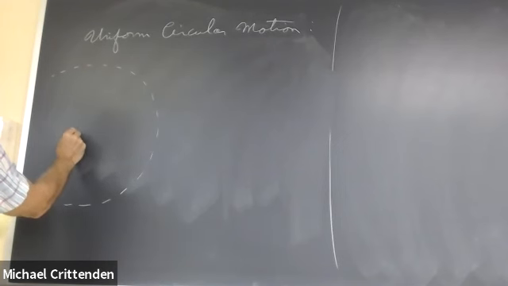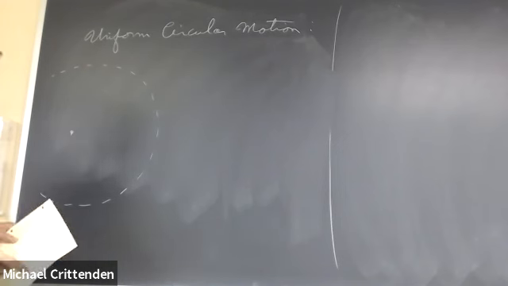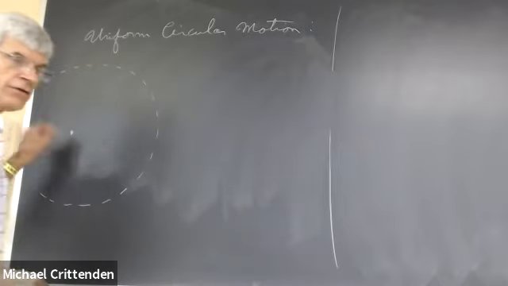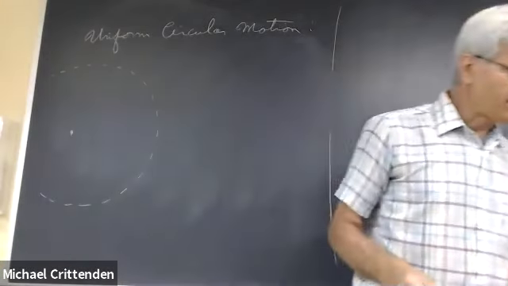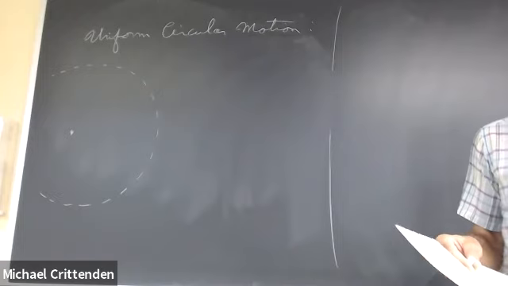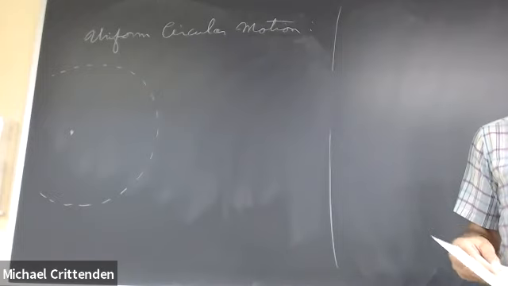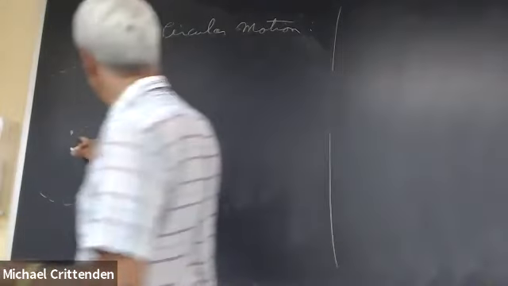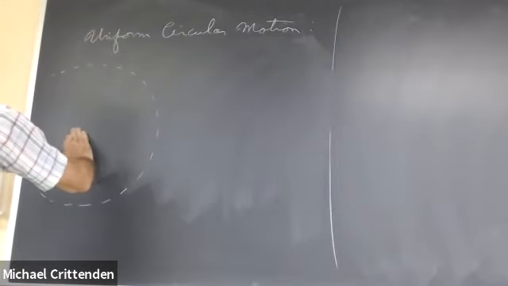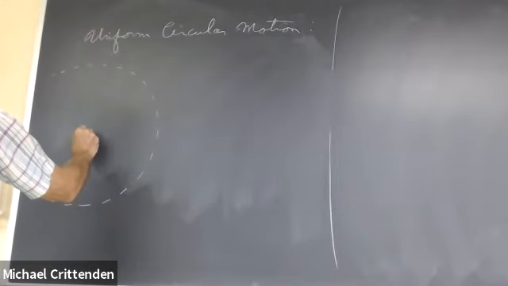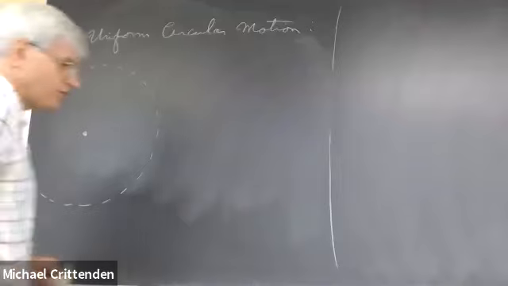So there's the circular path that this car I was talking about is following. And this was supposed to be the center of the circle, but actually I think maybe the center is more like there. Well, it's just a sketch anyhow.